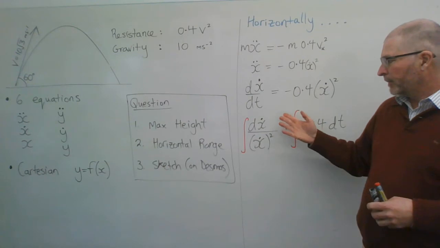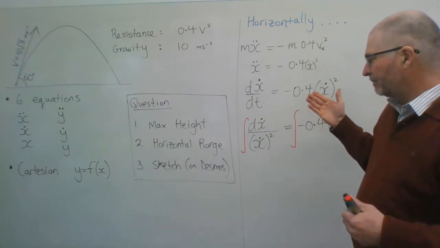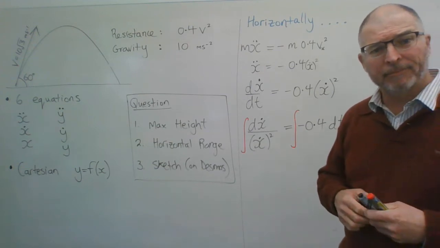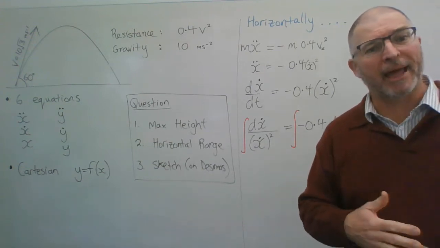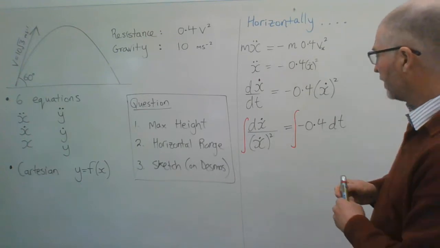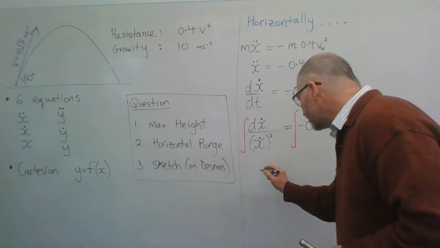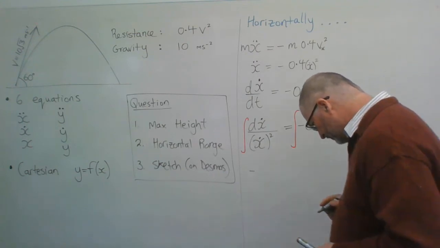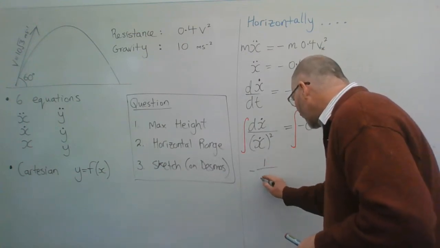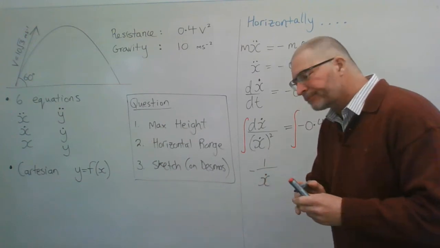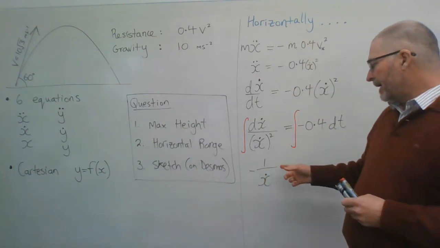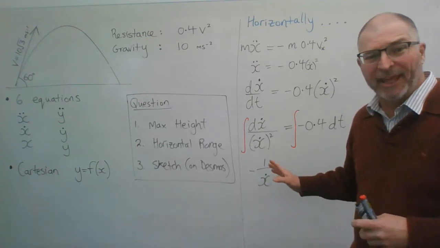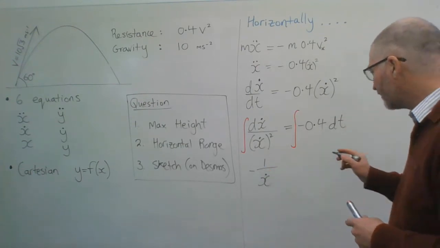well, this is like saying dy on y squared, if you like, and you could always rewrite it somewhere else on the page and then come back. But this is going to be minus, oh, there goes a spider down past me, minus 1 on x dot, because that's the integral of 1 on x dot squared.